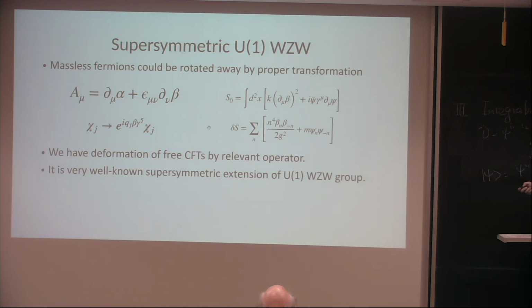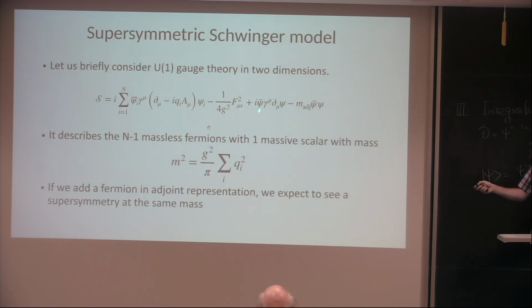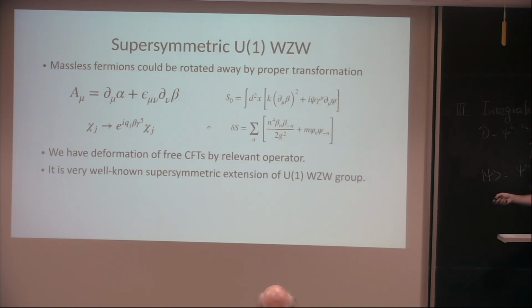And after that, I can represent this original action the following way. I have just a supersymmetric U(1) Wess-Zumino-Witten model at level K. So we have a massless fermion and a compact scalar, like this one. And after that, when I introduce mass and remove the action, I can observe it as a deformation by this relevant perturbation.